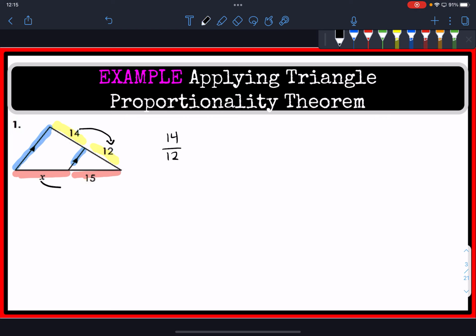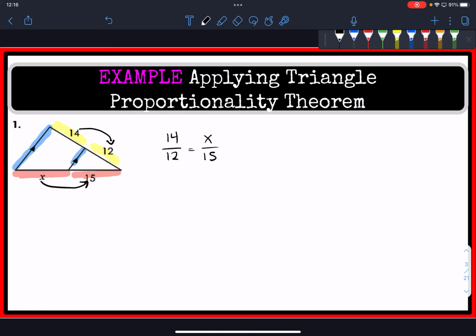Going from here to there, getting the longer side and dividing it by the shorter side on both sides, getting the longer segment and dividing it by the shorter segment on the top side here is the same thing as getting this longer segment and dividing it by the shorter segment on this opposite side.